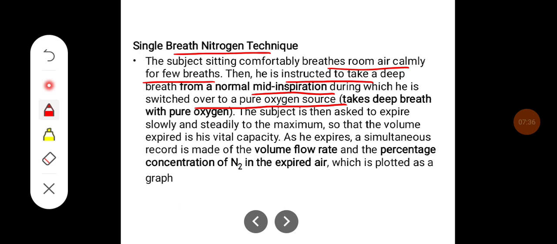The subject is then asked to expire slowly and steadily to maximum so that the volume expired is his vital capacity. As he expires, a simultaneous record is made of volume flow rate and the percentage concentration of nitrogen in the expired air, which is plotted as a graph.